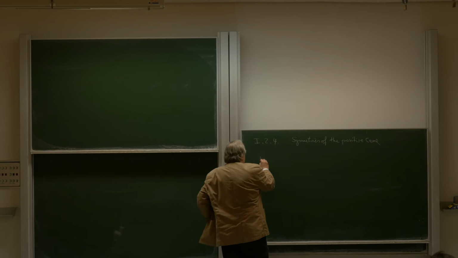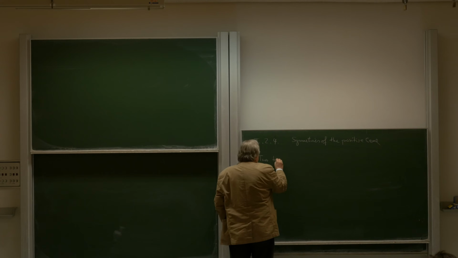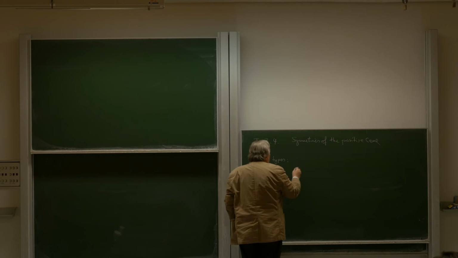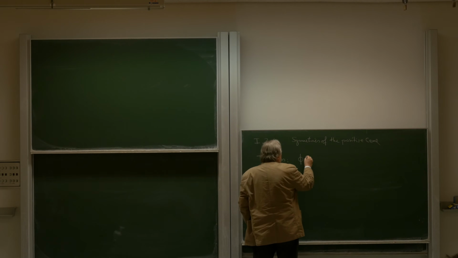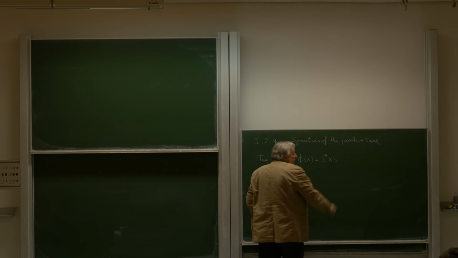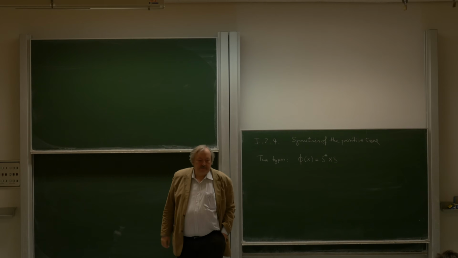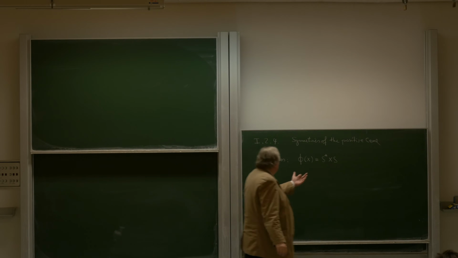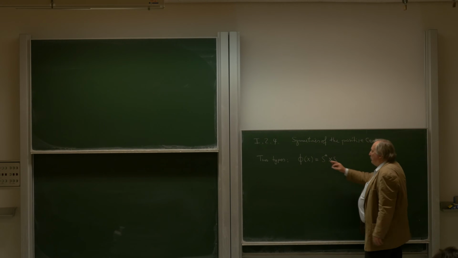And there were two types that we looked at. So one would be a function of this form. We've looked at several times that we emphasized that this is a positive map.